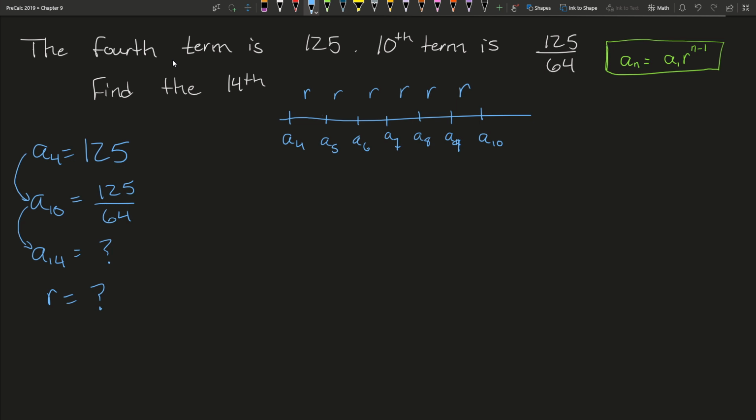Okay, so if we kind of put that into our equation, which again, this can be a little bit trickier, we can rewrite this equation with what we know. So our 10th term is going to be equal to our 4th term times our common ratio to the 6th power.